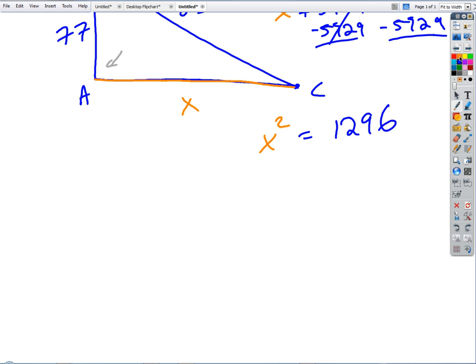Square root. So x equals, if I square root that, I get 36. So the length of the rubber band right here is 36.